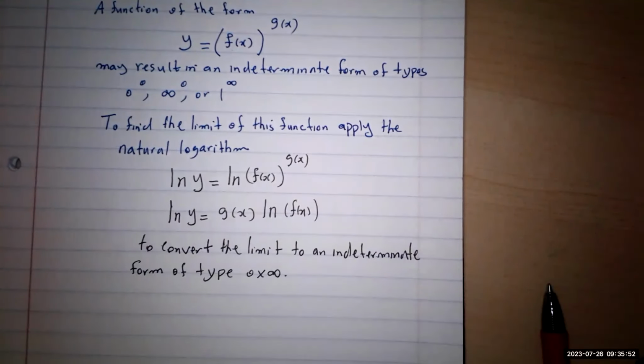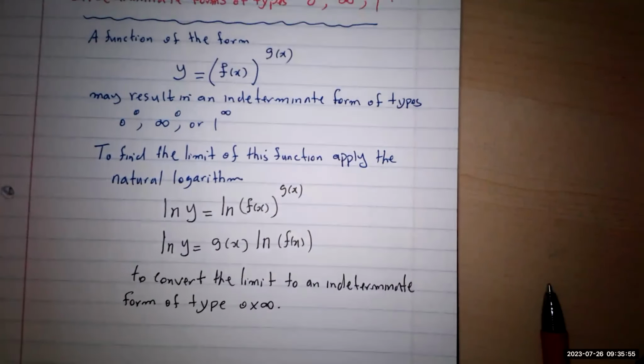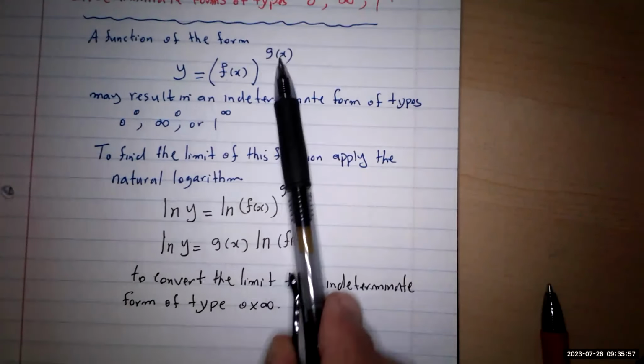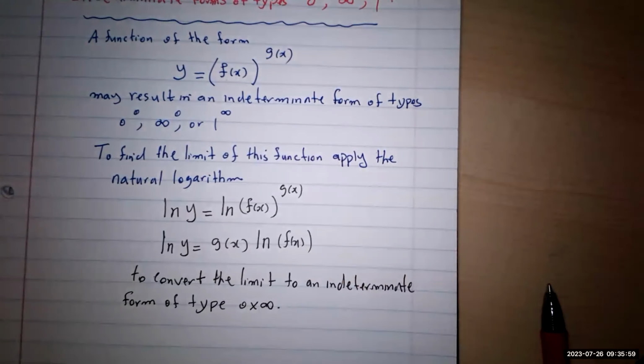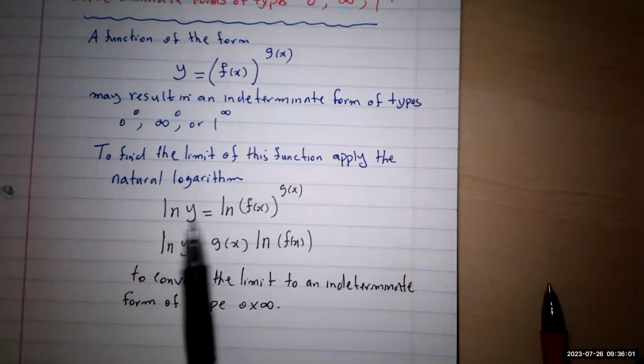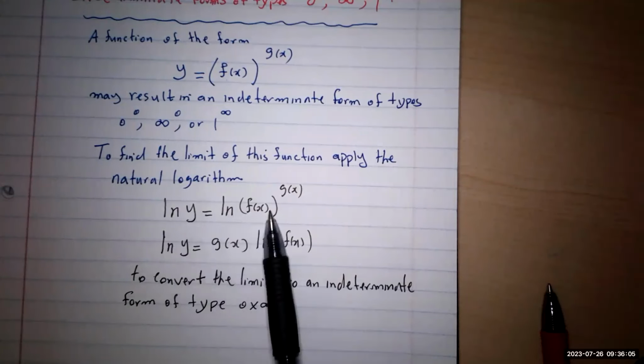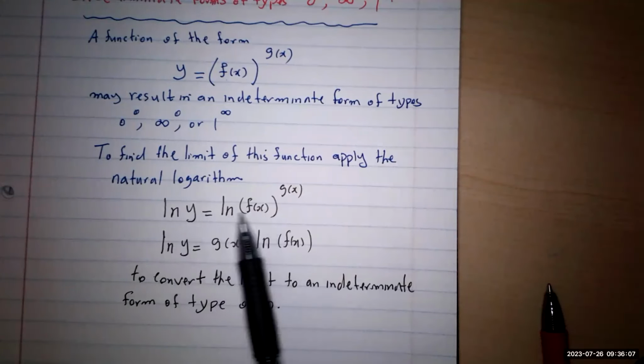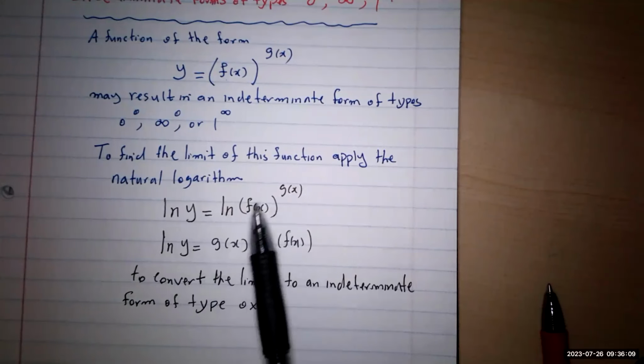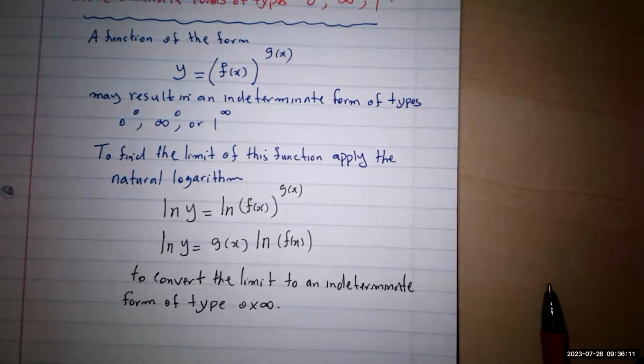But in general, in calculus, anything you want to do with this function, even if you want to differentiate it, bring it down first. How am I going to bring it down? The ln function. If you want to differentiate, differentiate both sides. If you want to find the limit, you take the limits. But the first thing to do, bring it down by the ln function, then the rest automatically follows.